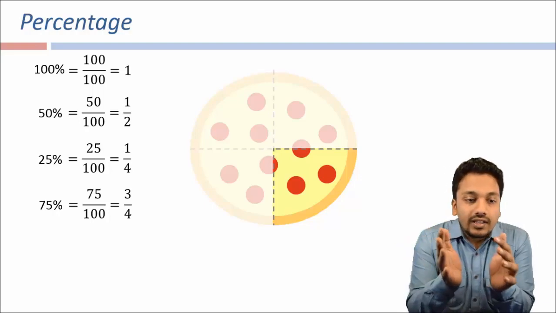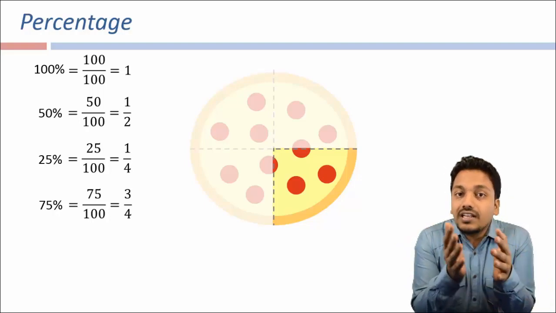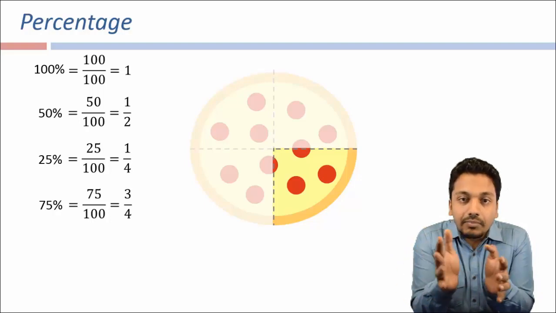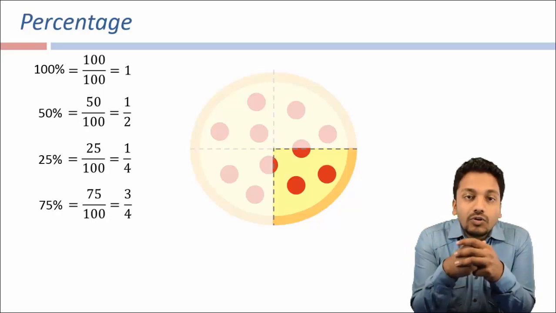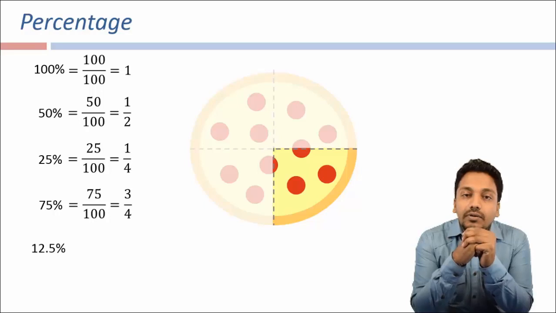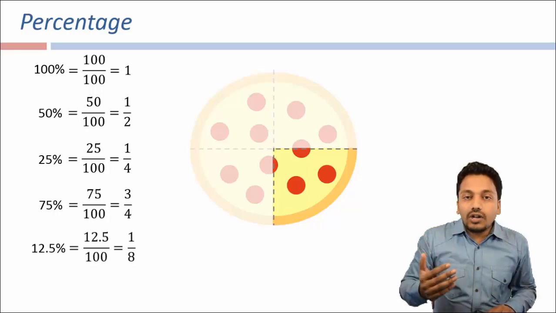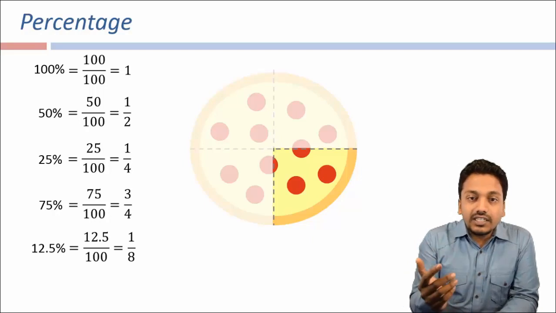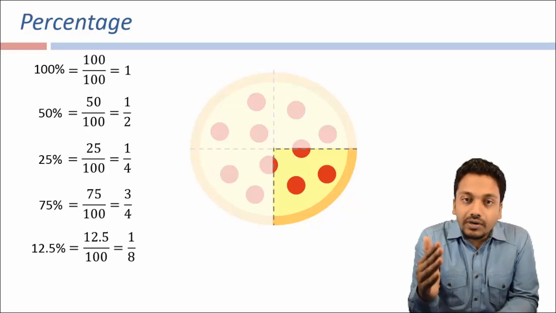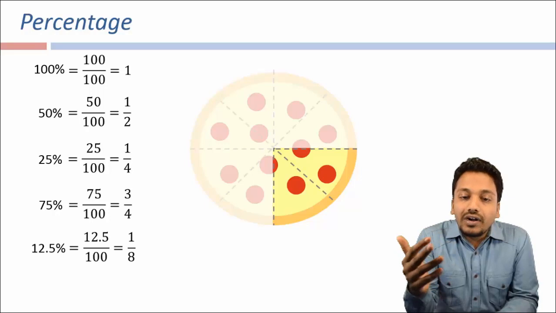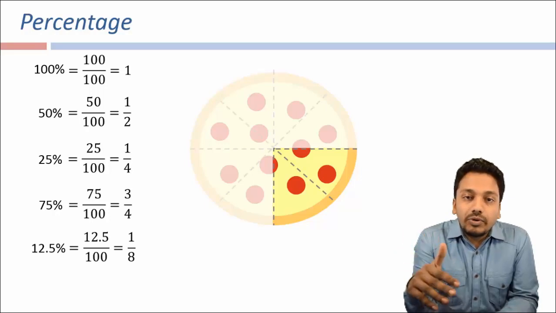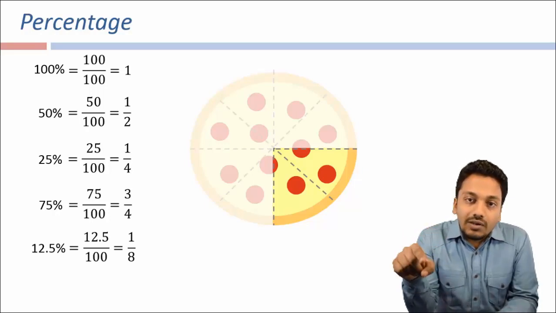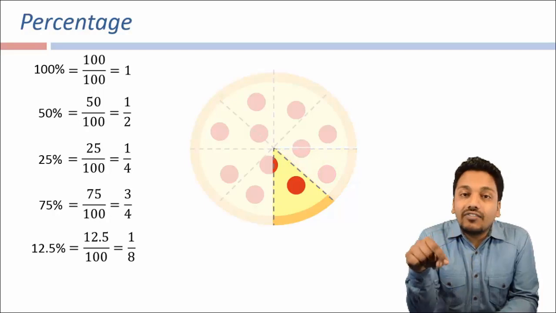So we are talking about the calculation part as well as the interpretation part side by side. Next, let us talk about 12.5%. 12.5% would be 12.5 upon 100, that is 1 upon 8. And in interpretation, if I cut this 25% slice again into 2 parts, then each of these parts would be 12.5%, and the total pizza is now divided into 8 equal slices.